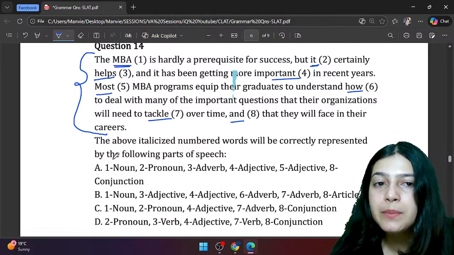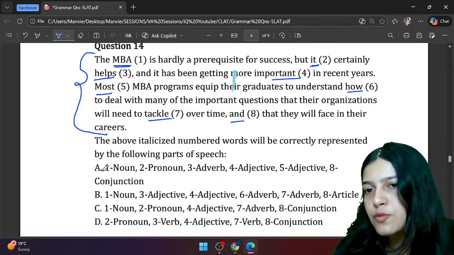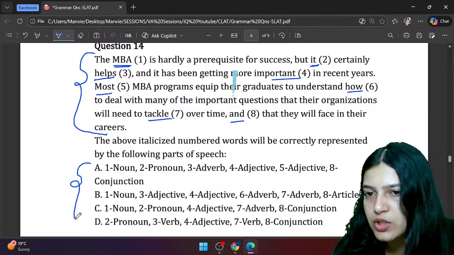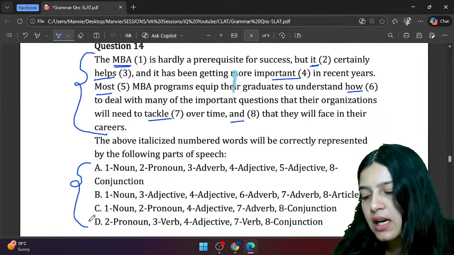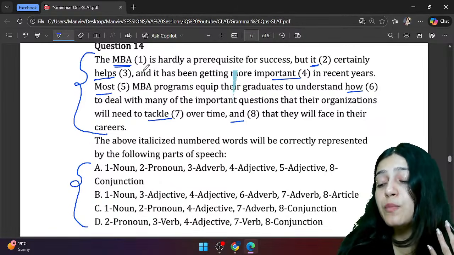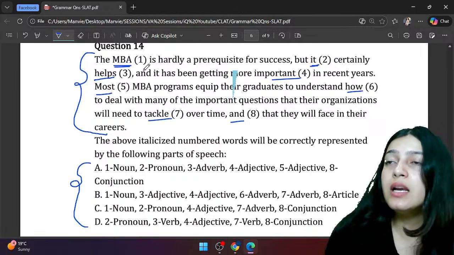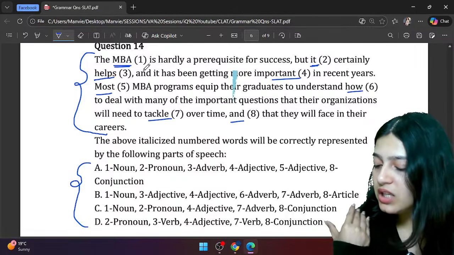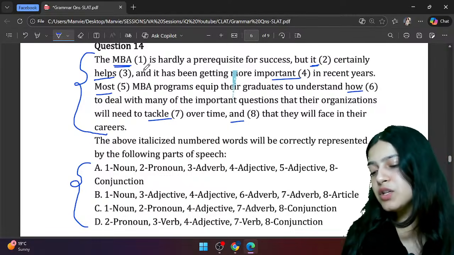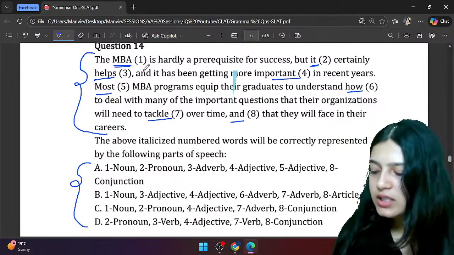These words will be correctly represented by the following parts of speech, and here are the options given. Now you need to find out which word belongs to which part of speech. So that is why I keep repeating in my classes that learning and understanding parts of speech is really important, okay.